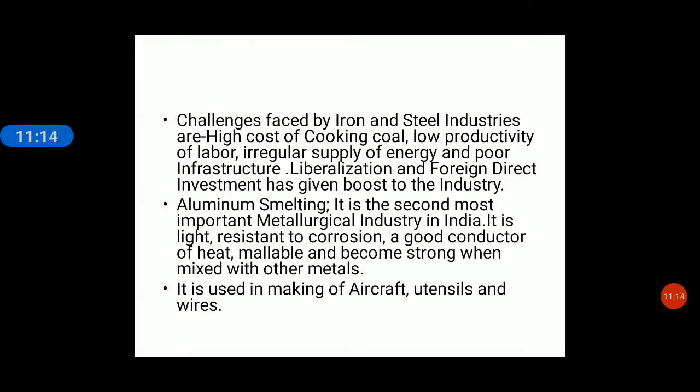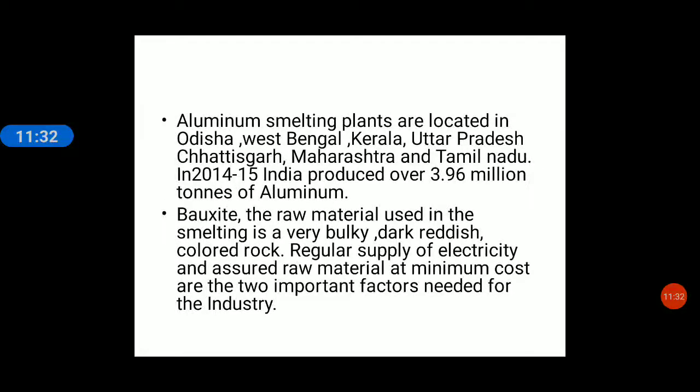You must have seen mama cooking food at home. Yes, and some of the containers in which she is cooking, they look white in color, right? Now that is aluminium, right? That is called aluminium. So it is used for making aircrafts, utensils, and also for wires and cables. Aluminium smelting plants are located in which states?